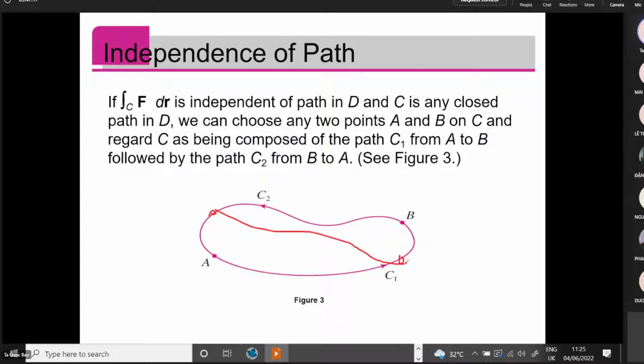If you choose here C1 prime and C2 prime, in case F is conservative, or this is independent of path, then the integrals on C1 prime and C2 prime are the same, or on C1 and C2 the same. That is the idea.